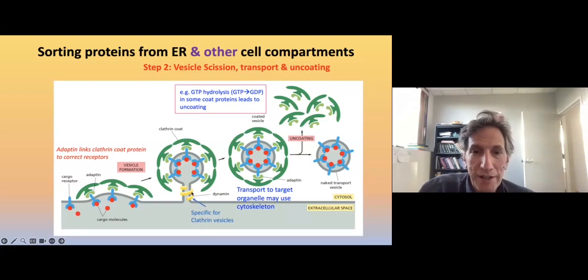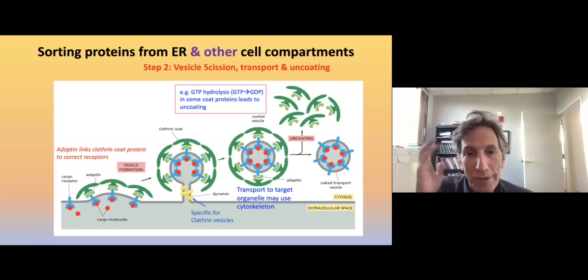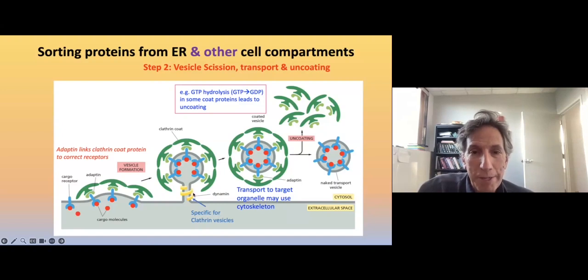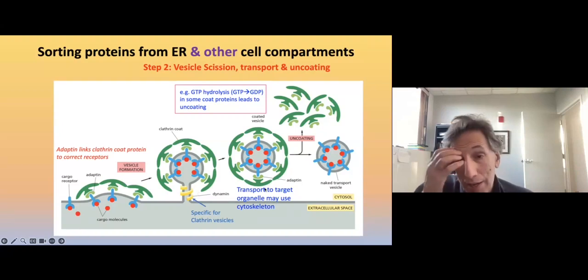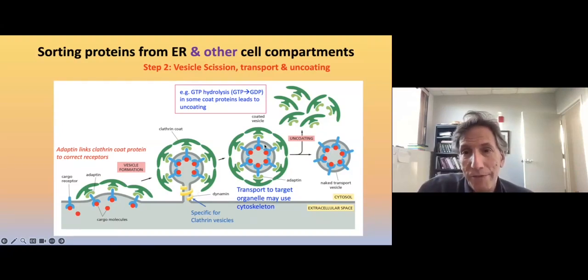Dynamin is necessary. I told you for the COPII vesicle it just kind of pinches off. For the clathrin vesicles, for whatever reason, you actually need a particular enzyme called dynamin to do the final pinch. And so here's the vesicle that's formed.